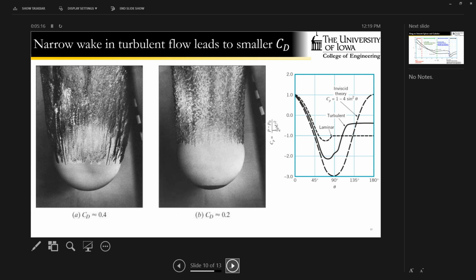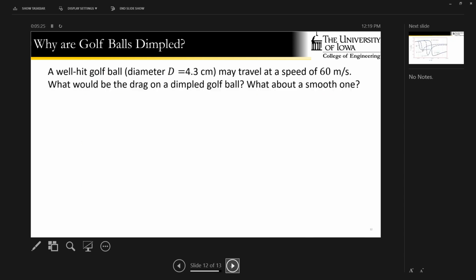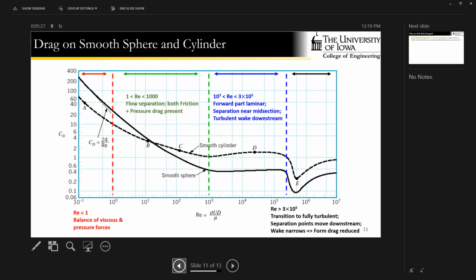So that leads to one of the crowning achievements of fluid mechanics, which is the golf ball. I want to talk about this very briefly. So shown here is a smooth, I want to concentrate on a smooth sphere here. Shown on the x-axis is the Reynolds number from 0.1 to 1 to 10, on a log scale.